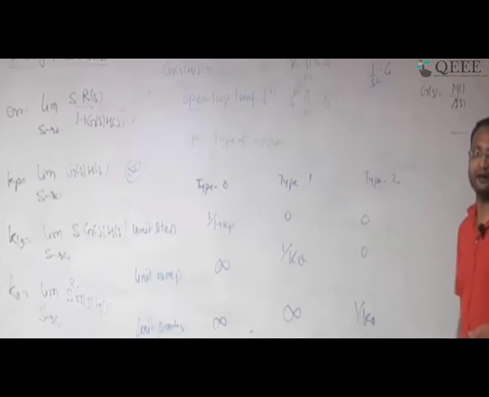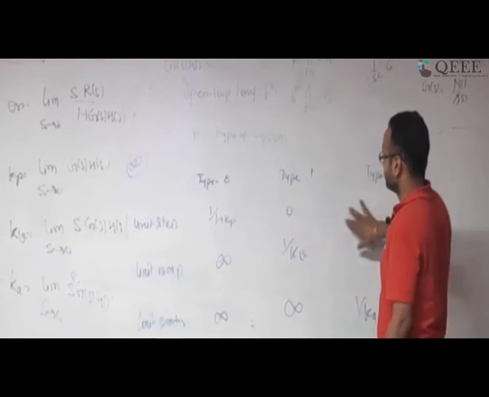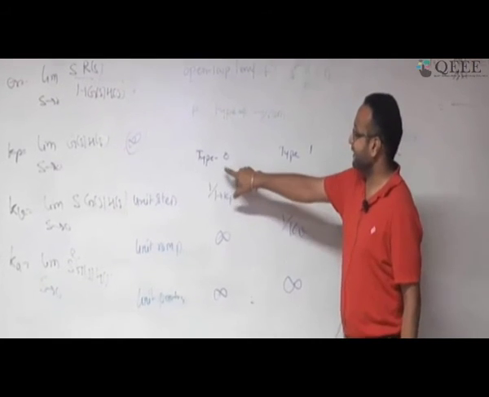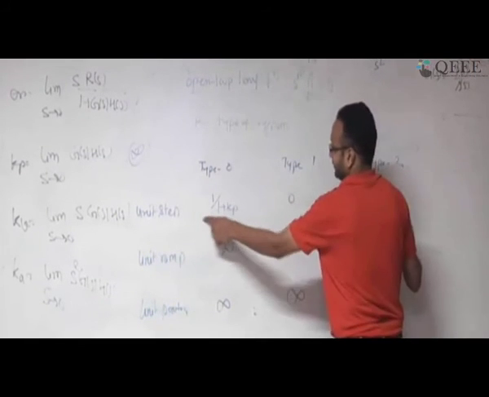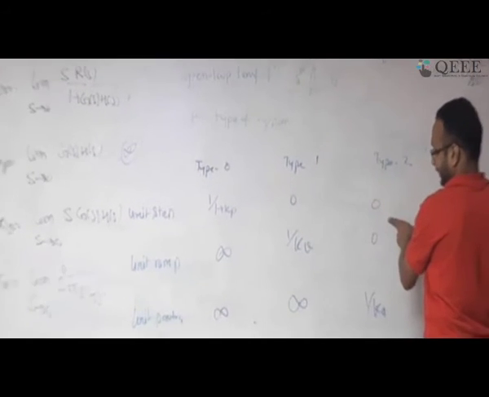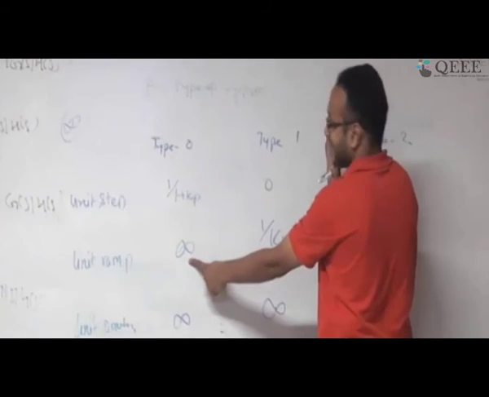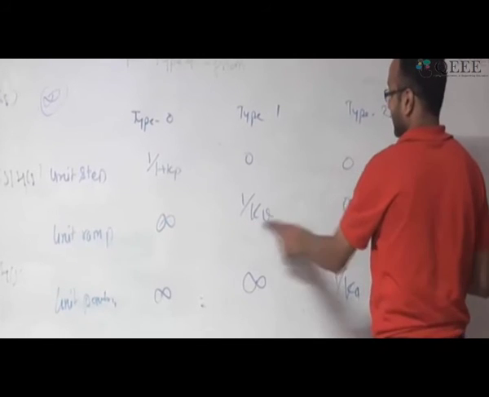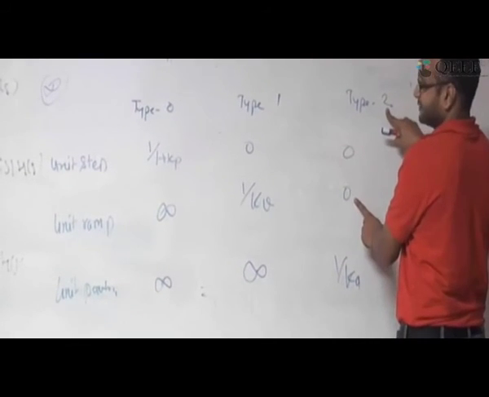Because of the lack of time, I am not going inside detail. You can solve it the way I have done. So, from there we can conclude that if I am increasing the type of the system for unit step, the error is coming down. Okay, can you see? For the unit ramp input, look at error is infinite, not at all desirable. But this error is 1 by Kv, error is 0. So, if you are increasing the type of the system, error is coming down.